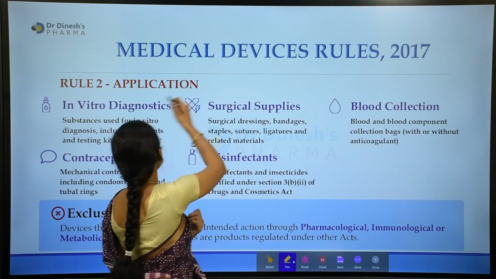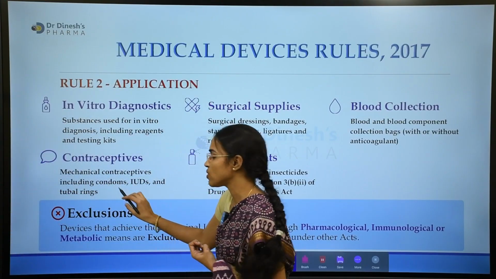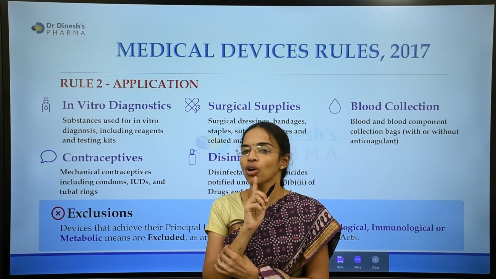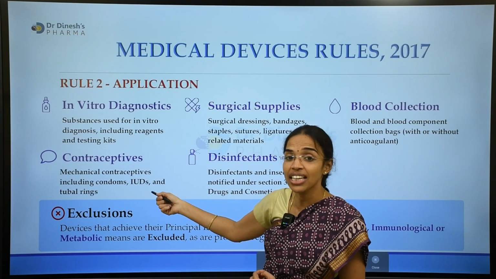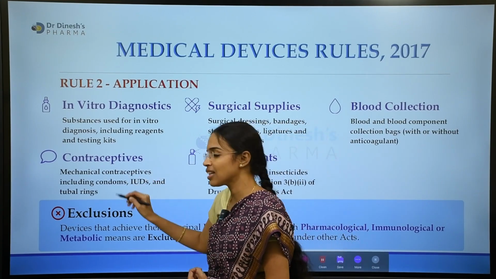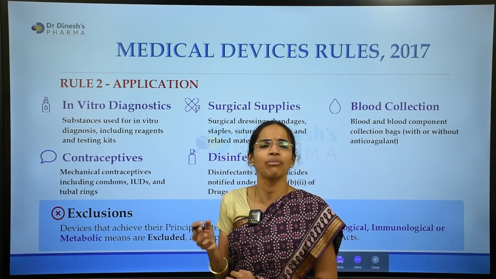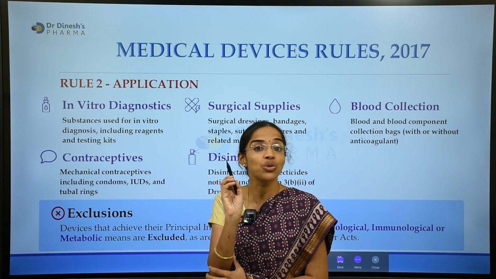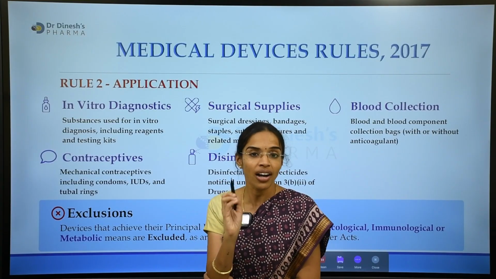Also the contraceptives, especially not the oral contraceptives. Oral contraceptives are not deemed to be a medical device. Here the mention is all about mechanical contraceptives like condoms, IUDs, tubal rings, whichever mechanical contraceptives do not contain any drug.